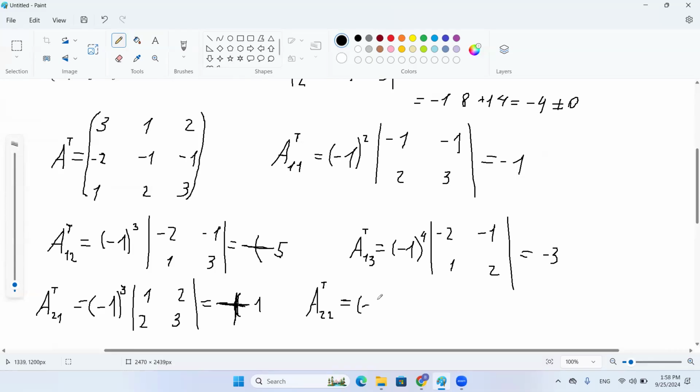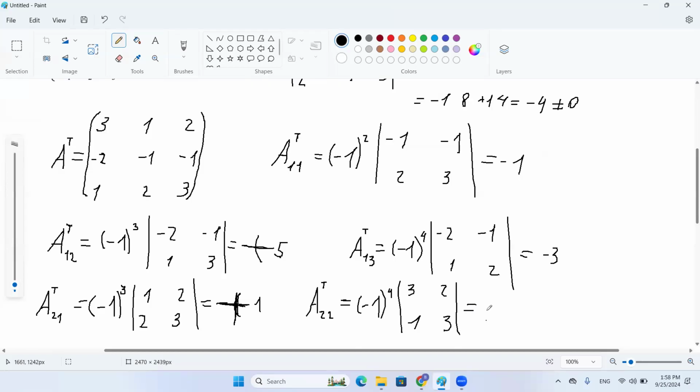-1 to the power of 4. The first row 3, 1. The second row 1, 2. The row 3, 2. Actually, if the row, but the column is 3, 1. I understood.